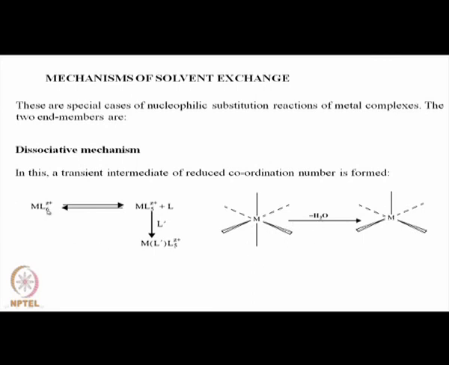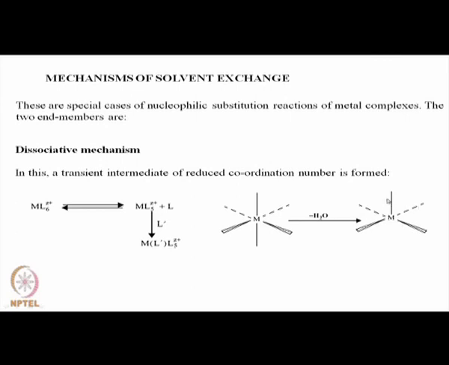So, it is ML6^Z+ with 6 ligands, then ML5 with the same charge plus a ligand, then adding another ligand you are having 6 ligands again. Of course, the other ligand is L prime. What is happening here is that you have originally 6 water molecules, say, now one water is lost, giving rise to a 5-coordinate species. It is a square pyramid.